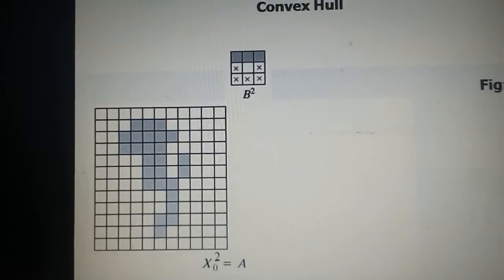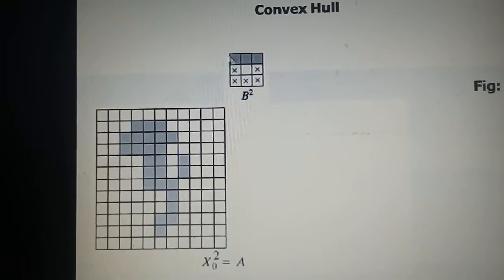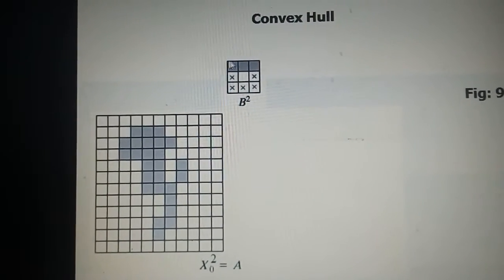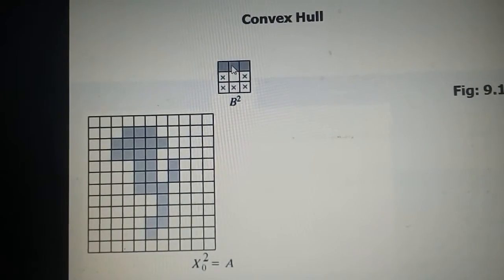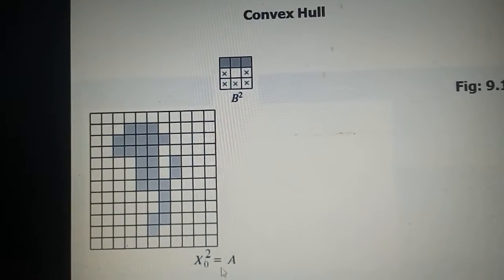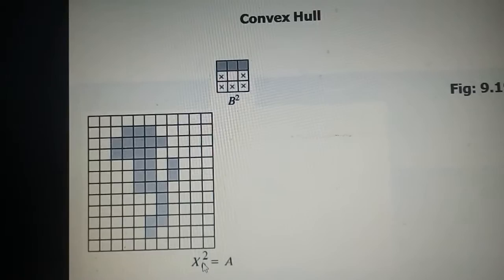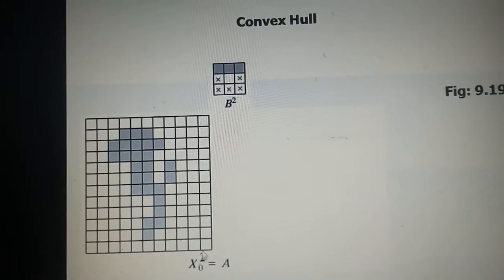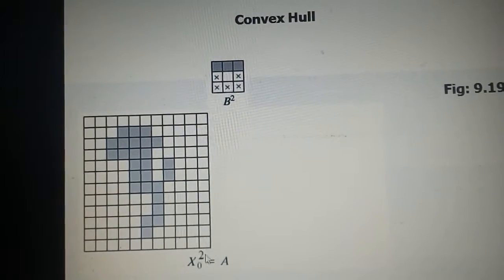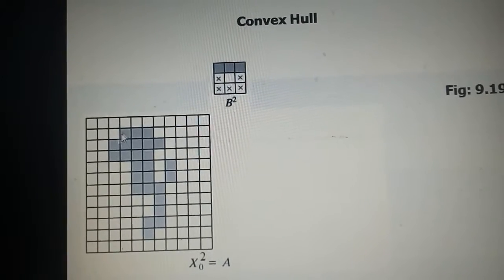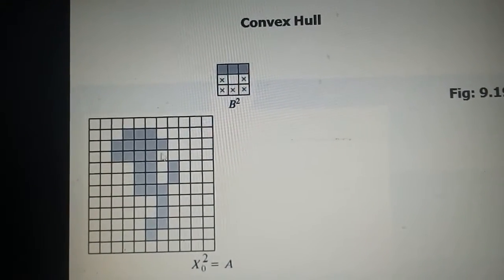So this is the second structuring element B2, having the shaded pixels here, and since it is a starting step, we are indicating it as 0, and since it's for the second structuring element, we put a 2 here, and it is the same set A we have used.